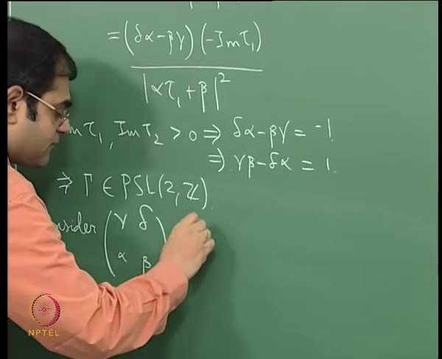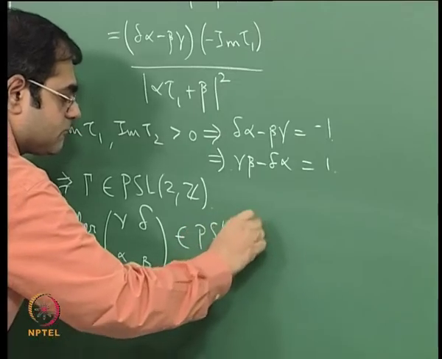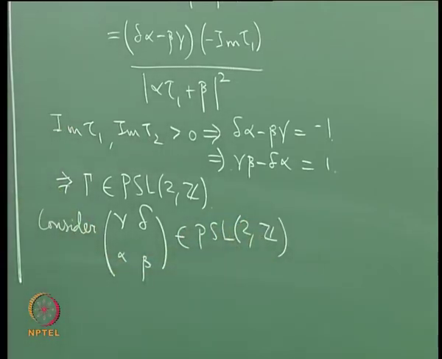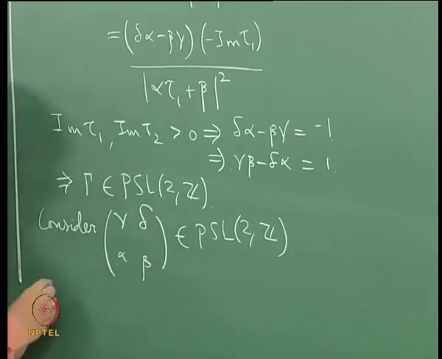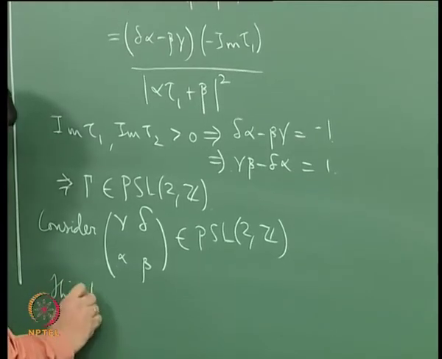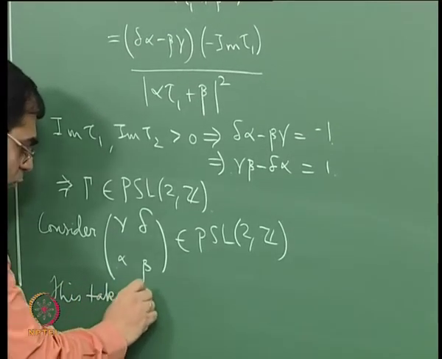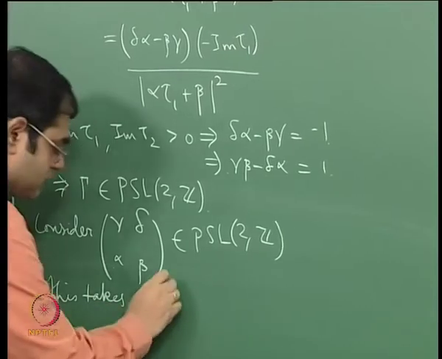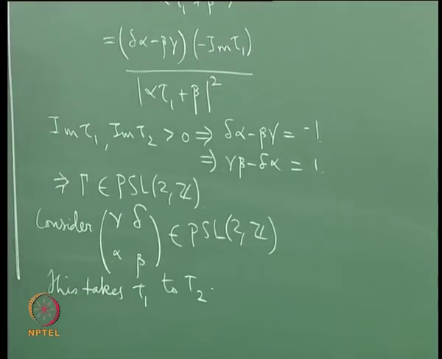This is an element of PSL2Z again, and you see this takes tau 1 to tau 2, that is what I want.